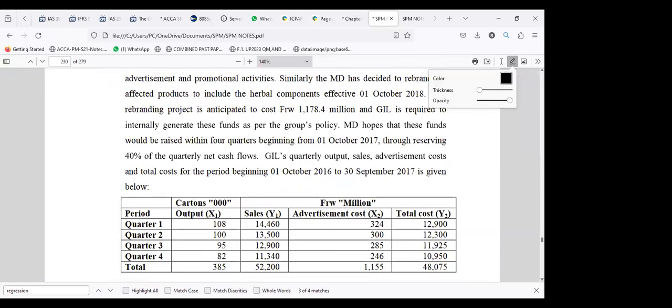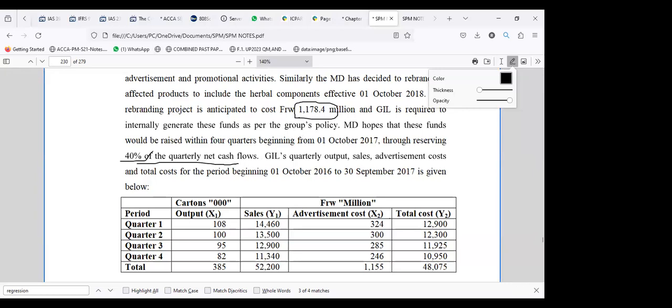MD hopes that these funds will be raised within 4 quarters, from 1st of October 2017, through reserving 40% of the quarterly net cash flows. So they need to reserve quarterly. So they need this amount, but they need to know if they can reserve 40% of the quarterly net cash flows.